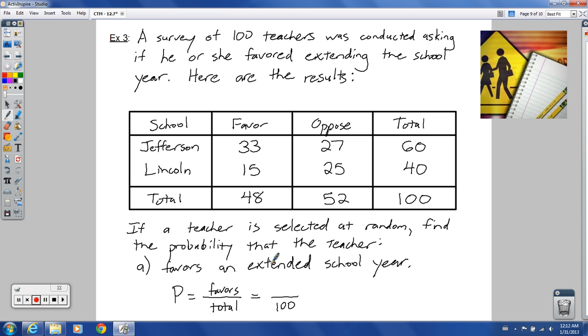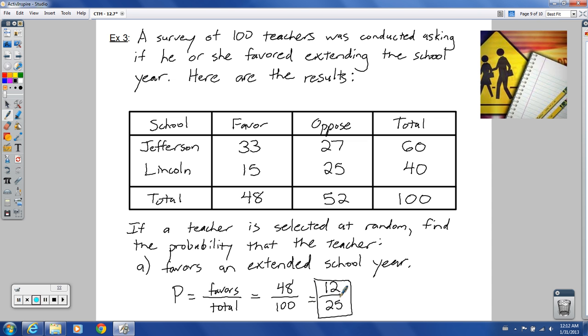That was 48. So 48 out of 100. You can reduce this. You could divide by 2, but then you could actually divide by 2 again. So you could just divide by 4 and get it all done at once. So 48 divided by 4 would be 12, and then 100 divided by 4 would be 25. That is not reducible any farther, so that would be a final answer.